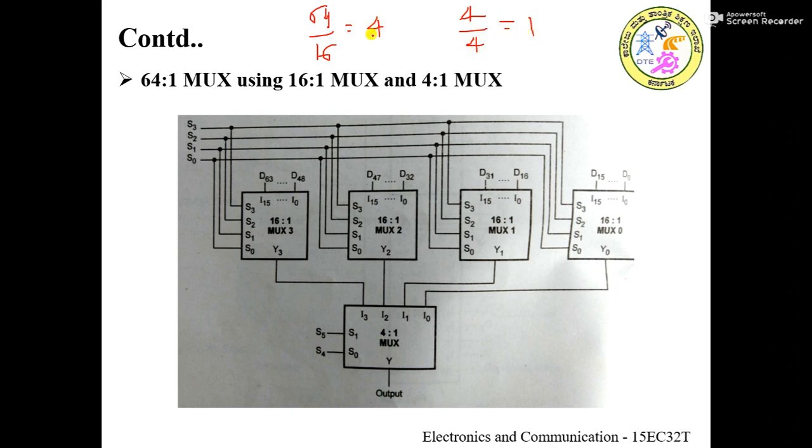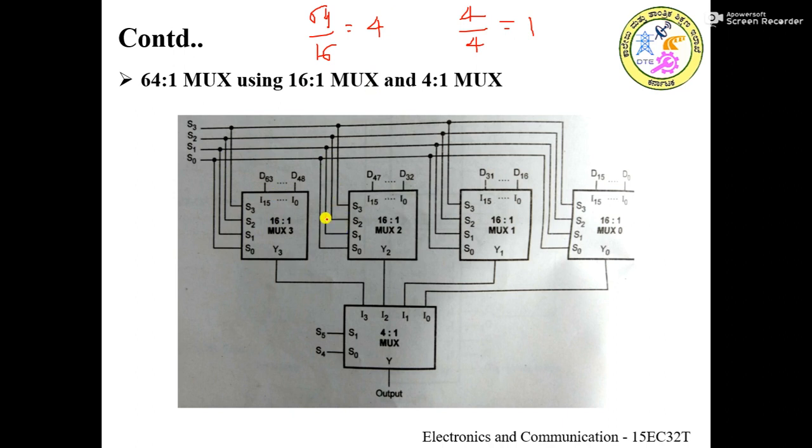That means totally I require 4 16:1 muxes and 1 4:1 mux. These 4 16:1 muxes share common select lines, and this will have its own, or you can say this will have separate select lines. You can see here 1, 2, 3, 4, 4 16:1 muxes are there, and the 16:1 muxes need 4 select lines.